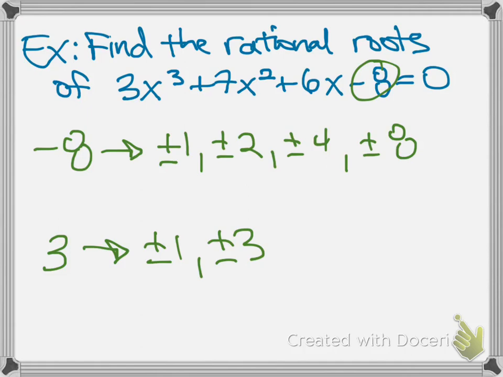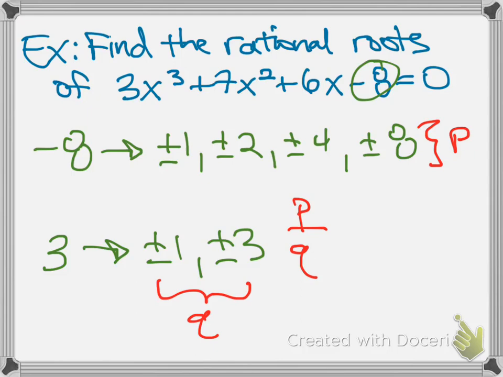So just to reiterate what I said a moment ago, the only possibilities for having an integer root for our polynomial are these values right here. These 8 integers are the only possible integer roots that we could have. However, we could have rational roots as the ratio of P over Q, where the values for P are given by this list of integer factors of negative 8, and Q comes from this list of the factors of our leading coefficient of 3.